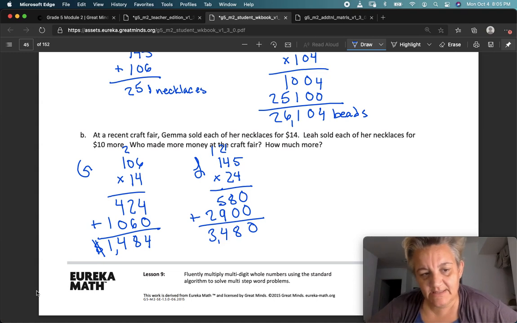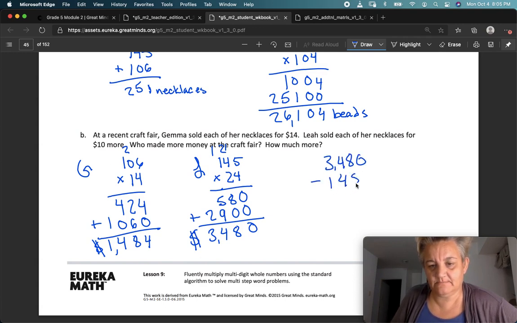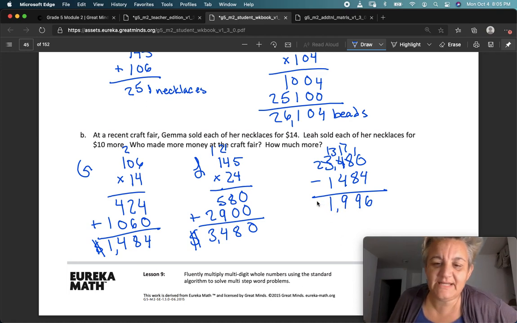So Leah sold each of her necklaces for $10 more than Gemma, which is $24. How much more did she make altogether? Now we're going to subtract. $1,996 more.